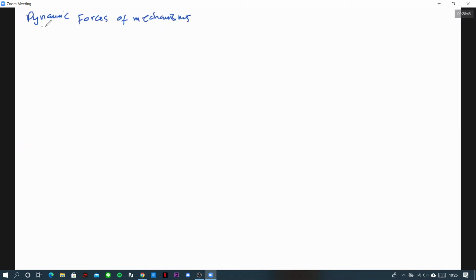Okay, dynamic forces of mechanisms. Because I have highlighted here dynamics, so you should understand what is the difference between dynamics and statics.